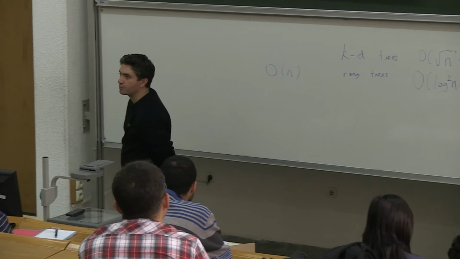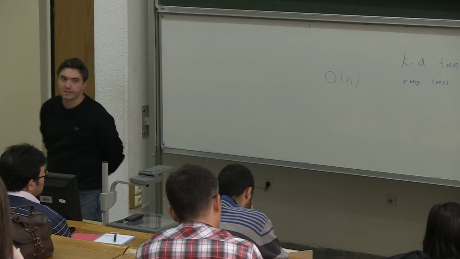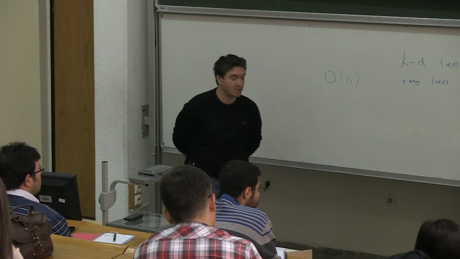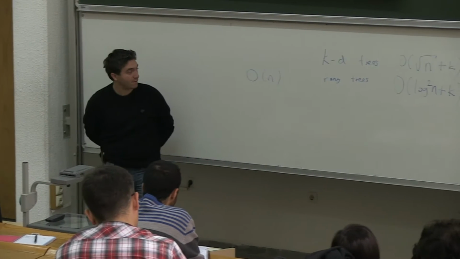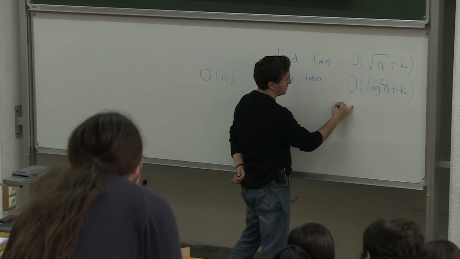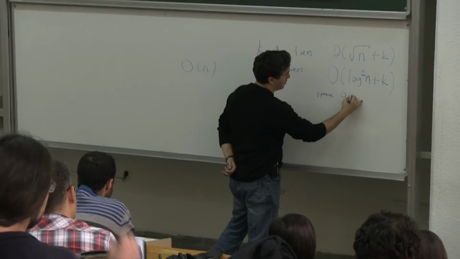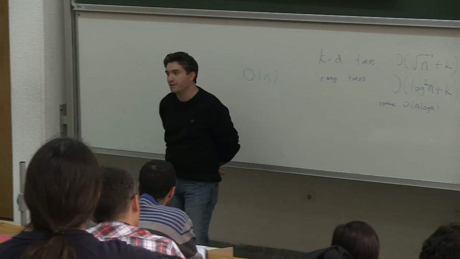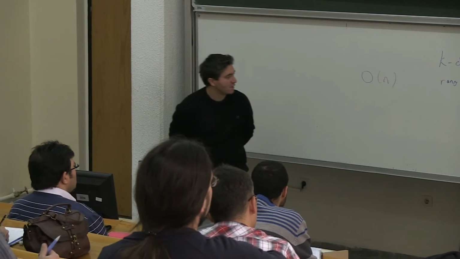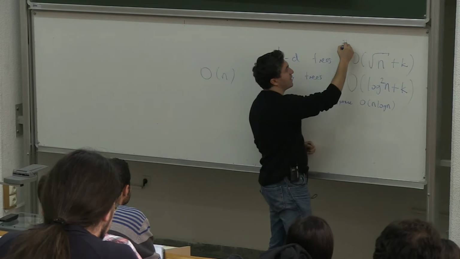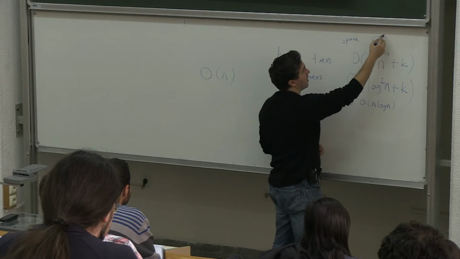So log square n is smaller than square root of n. But this comes with space O(n log n). It builds a data structure which has this complexity, but for KD trees, the space complexity is O(n).